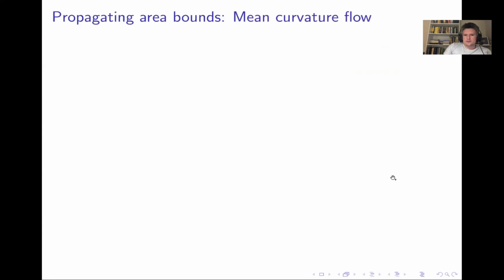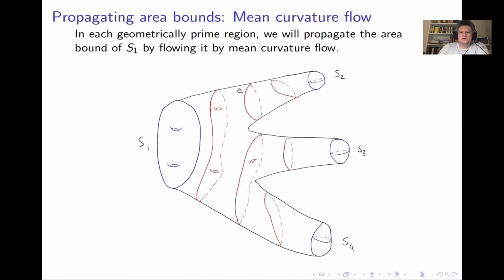Okay, so how then do we propagate the geometric information from these geometrically prime regions to the interior, from the boundary to the interior? First I want to discuss propagating area bounds, and the tool for that would be mean curvature flow.